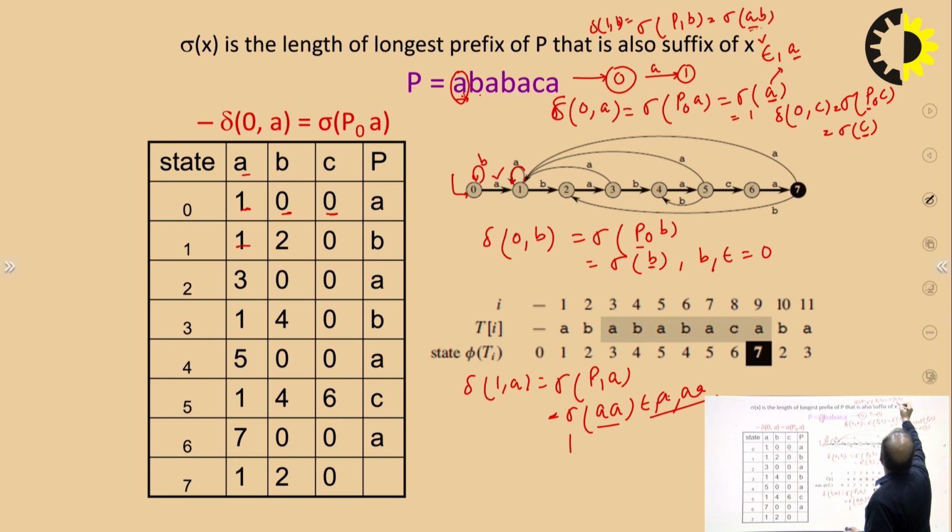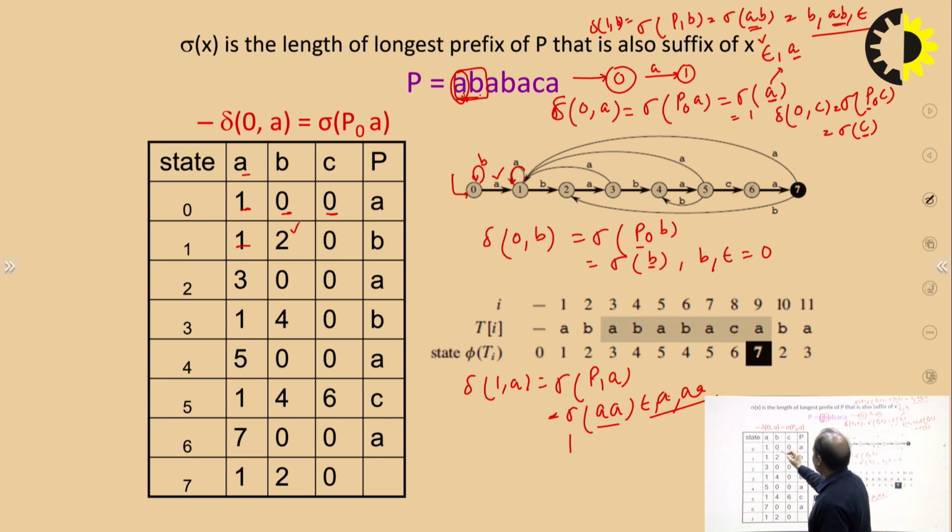What are its suffixes? Its suffixes are B, then AB, and then epsilon. Of course, the longest suffix is AB, which is part of the prefix of the pattern. So its length is going to be 2. This is correct. In the similar fashion, 1 and C is going to be 0.